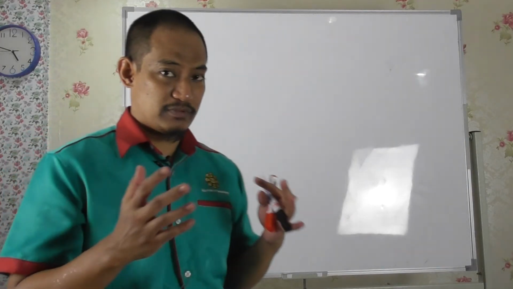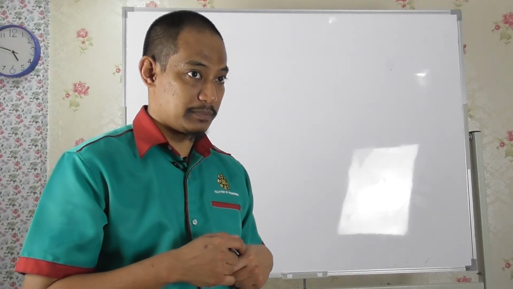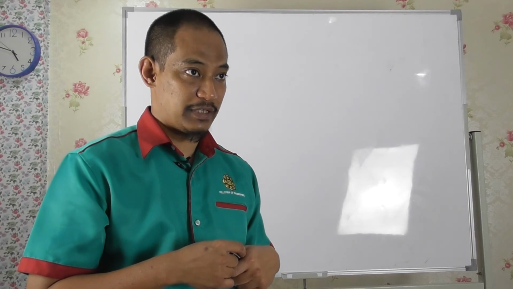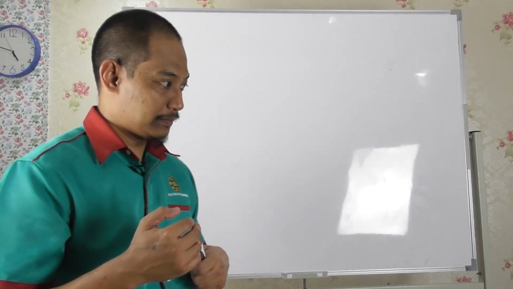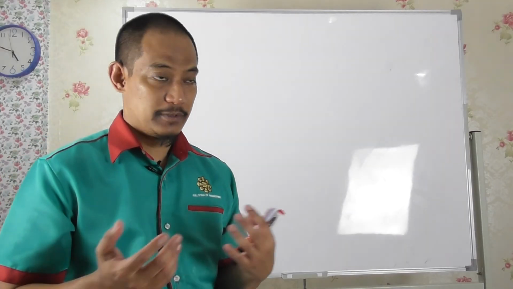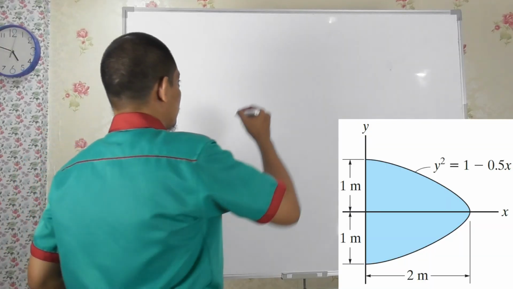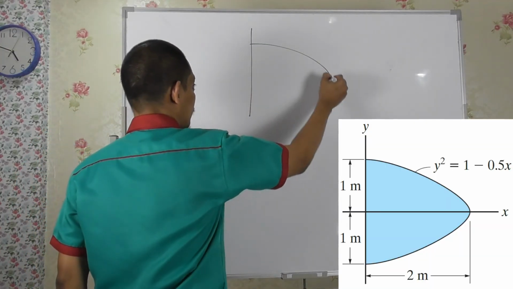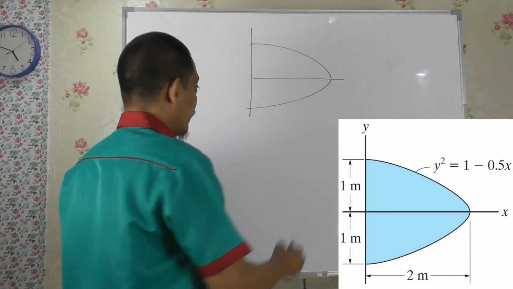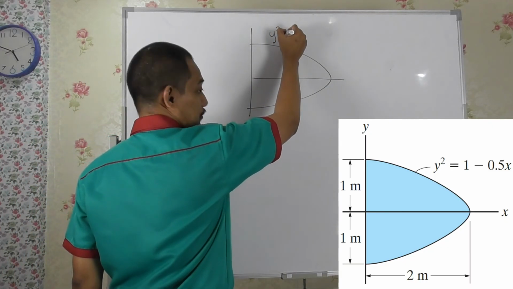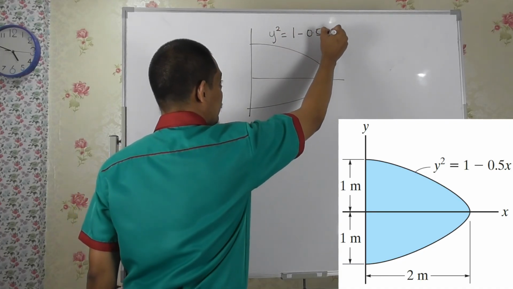If you have gone through the lecture, you know that part of the factor of choosing the element is whether we can describe x in terms of y and y in terms of x. If you look at this, it's something like this, and then y squared equals 1 minus 0.5x.